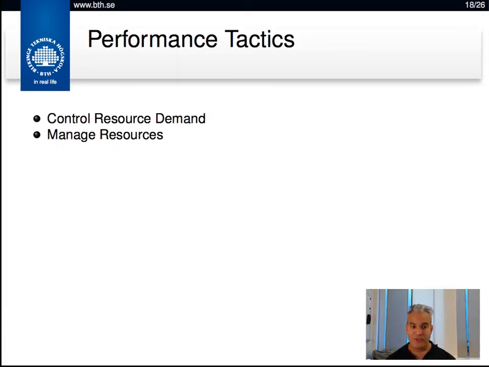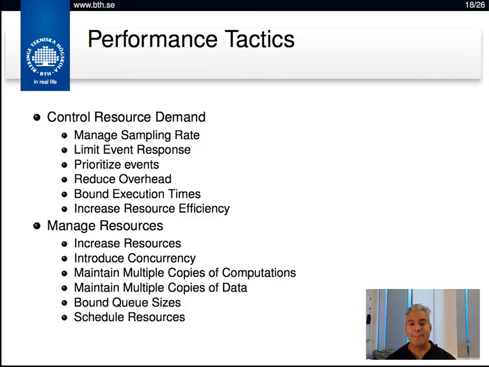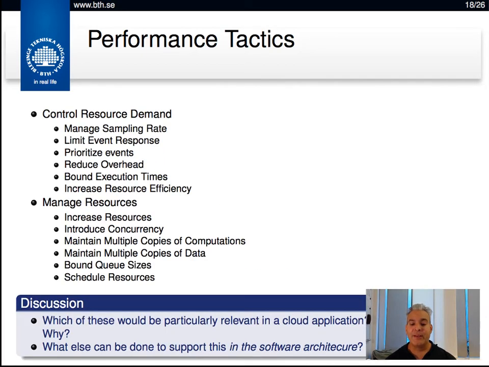In terms of performance, I've mentioned them before: control resource demand and manage resources. And again, what can we do in the software architecture to address these tactics, or use these tactics?